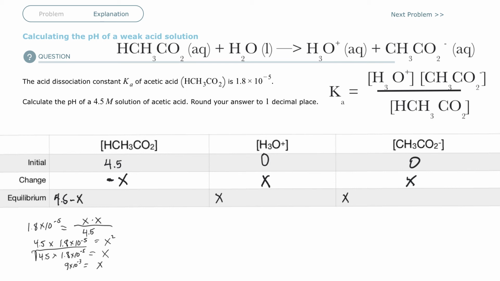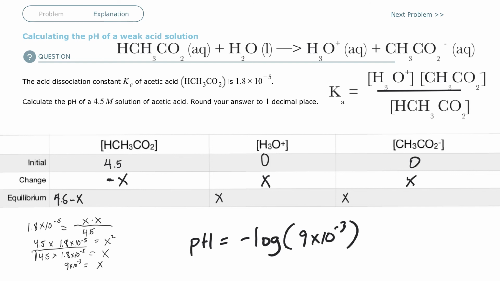So, what's my pH? My pH is just the negative log of my concentration of hydronium.